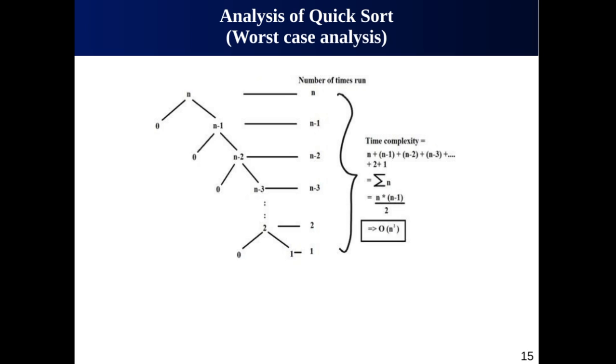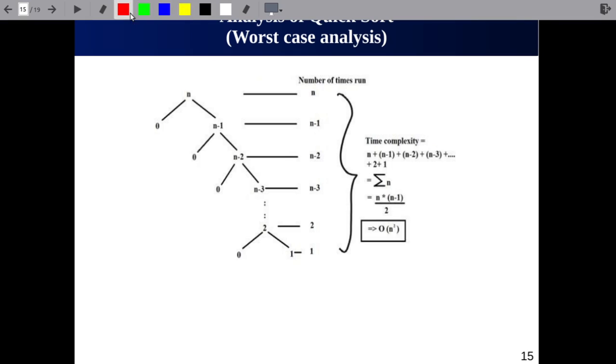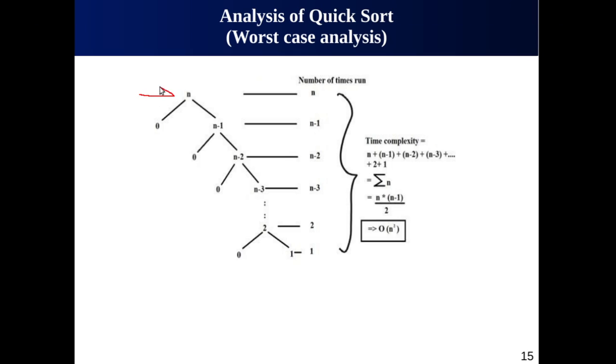So when quicksort always has the most unbalanced partition possible, then the original call will take n time. This is the original call. The first time that you select the pivot, the first time when you divide the array, it will take n time. And this is the divide time.